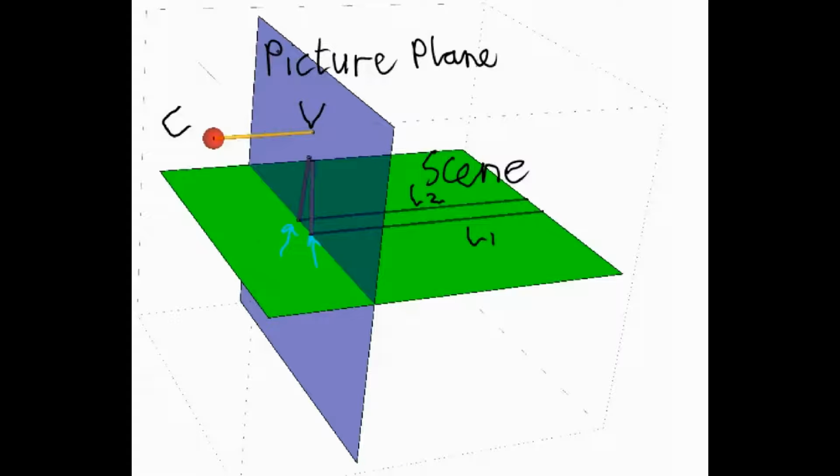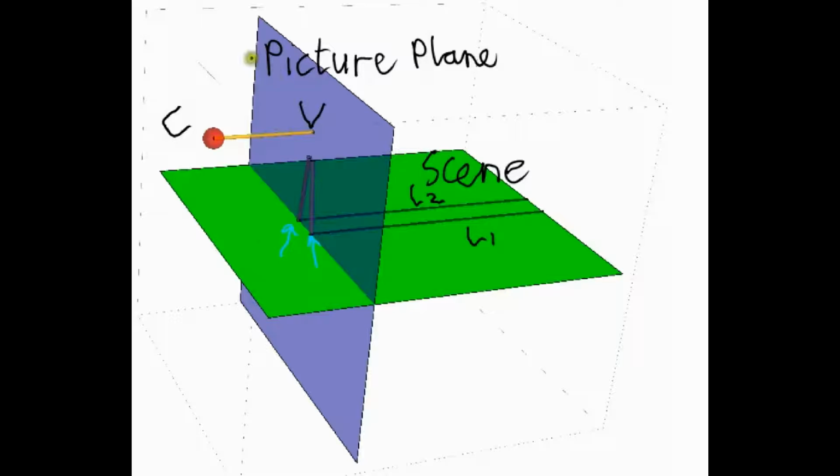So we can describe this point in several ways. Firstly, if we have any two parallel lines which are perpendicular to a picture plane and go on indefinitely in the scene, then the images of those lines are always going to meet at this principal vanishing point. That's one way we can define it.